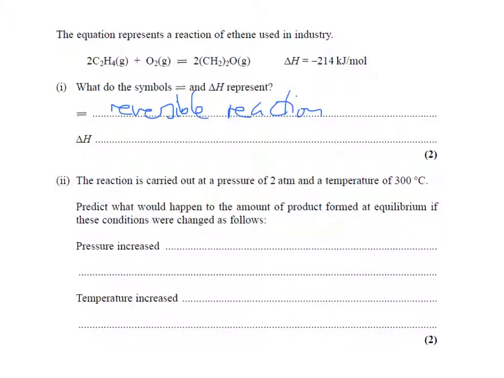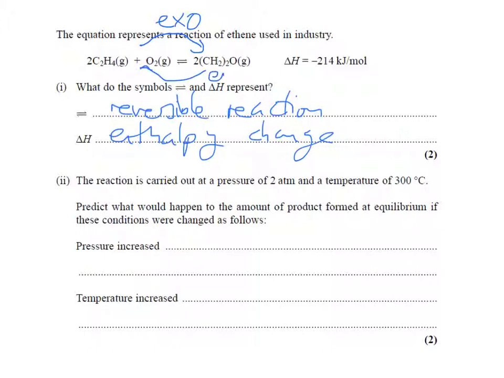And delta H actually stands for enthalpy change, enthalpy being a posh chemist's word for heat energy. Now we're told that the delta H is minus 214, and what that's telling you in the question is that the forward reaction is exothermic, which means the backwards reaction must be endothermic.